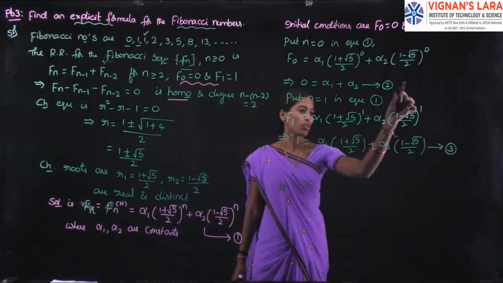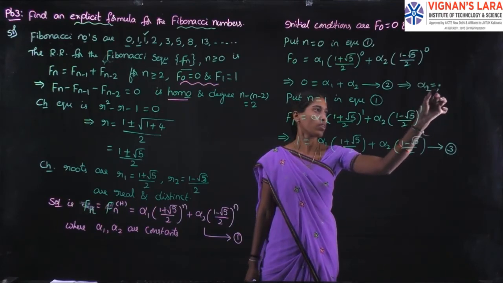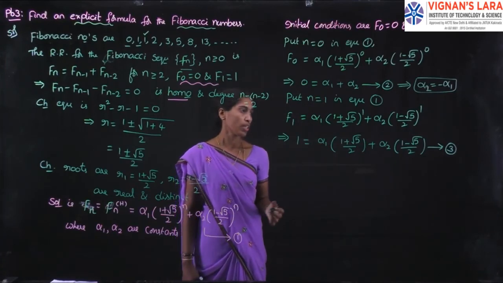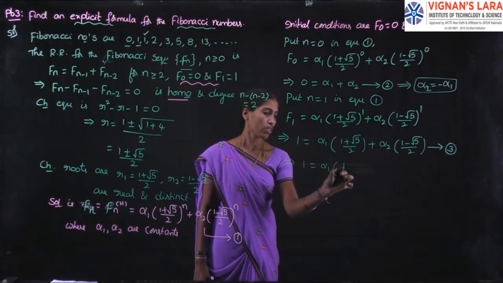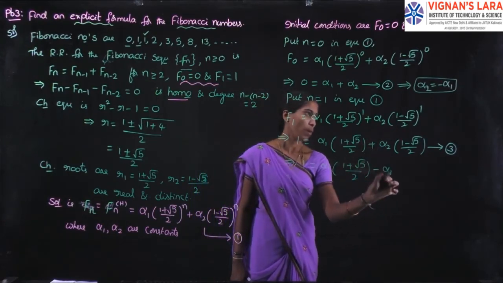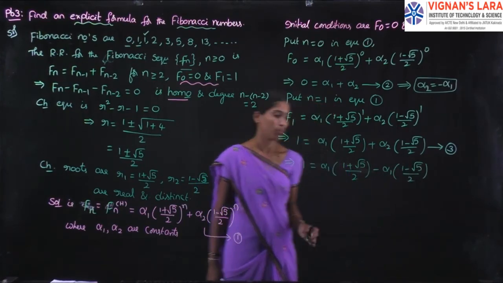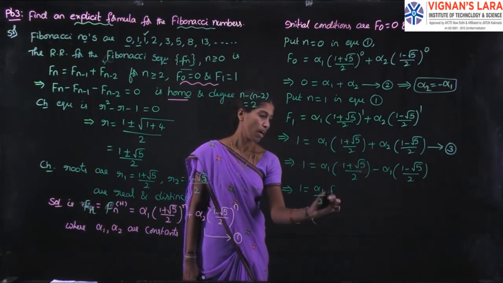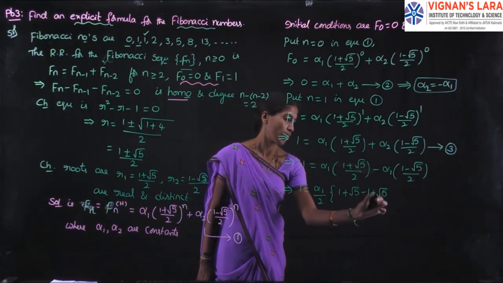From equation 2 we can write alpha 2 is equal to minus alpha 1. Now substitute here. We get 1 is equal to alpha 1 into 1 plus root 5 by 2, and what is the alpha 2 value? Minus alpha 1 into 1 minus root 5 by 2. Now taking common alpha 1 by 2 from the RHS, 1 plus root 5 minus 1 plus root 5.